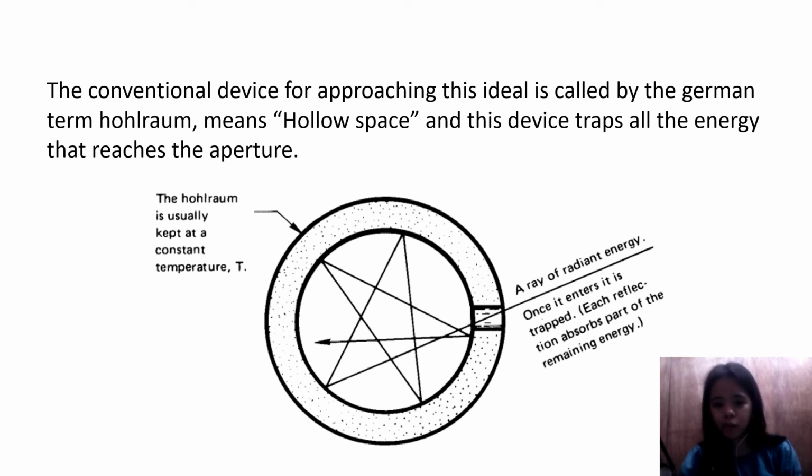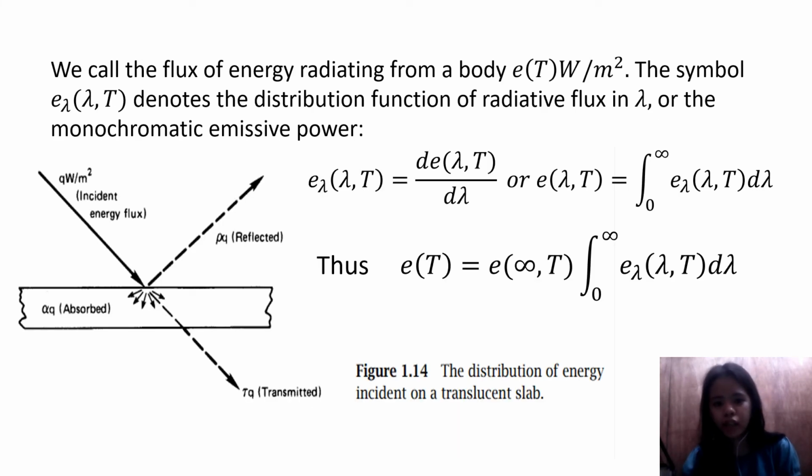This device traps all energy that reaches the aperture. So this is how it looks, and it is usually kept at a constant temperature, because the black body radiates E in W per m squared. The symbol E_lambda(lambda, T) denotes the distribution function of radiative flux in lambda, or the monochromatic emissive power.